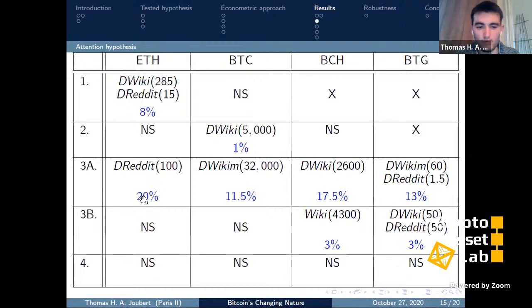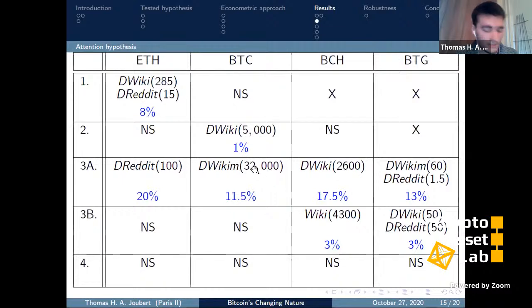Oh, sorry, and in blue you have the R square. But this fact is also true for Ethereum, which is used as a control cryptocurrency. So we can see that there are changes in the nature, but there is nothing that lets us think that it is because of hard forks, especially because between period 3A and 3B, there were no hard forks. But there is indeed a change.